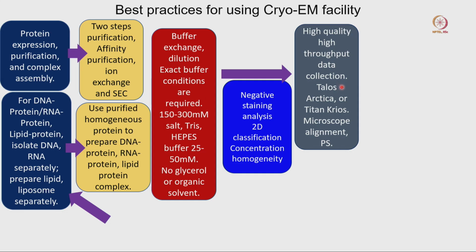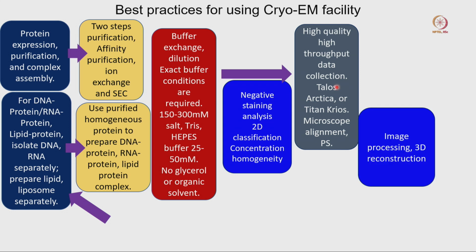Those are two microscopes from Thermo Fisher that we are using for data collection, and there is also a CryoARM from JEOL which you can use for cryo-EM data collection. Finally, we will do the image processing and the 3D reconstruction. If everything is working fine, you will resolve the structure and you can demonstrate its function from that structure.